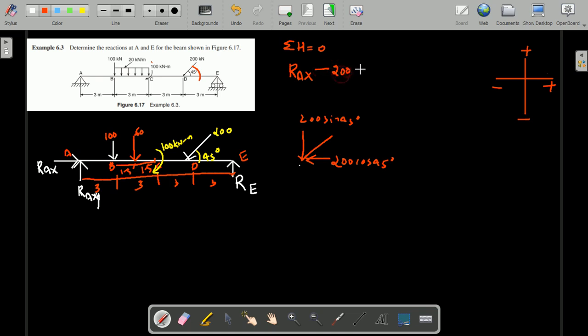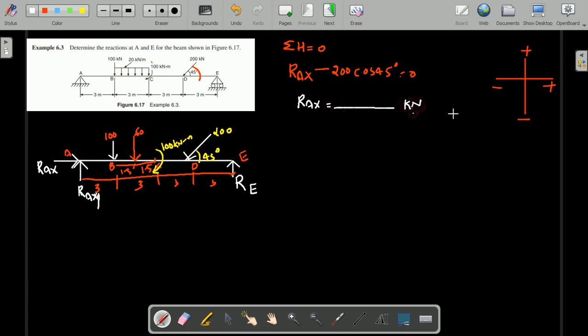We just write RAX minus 200 cos 45 is equal to 0. So in the entire equation RAX is the only unknown. By solving this you will get the value of RAX in terms of kilonewton. So that is one equilibrium condition over.